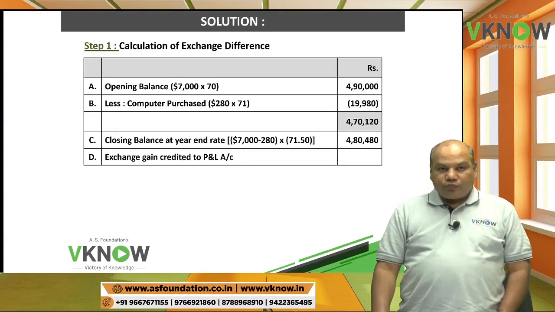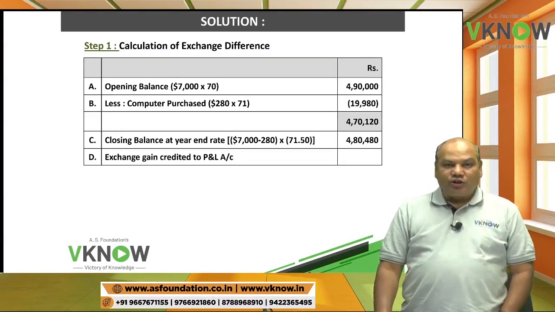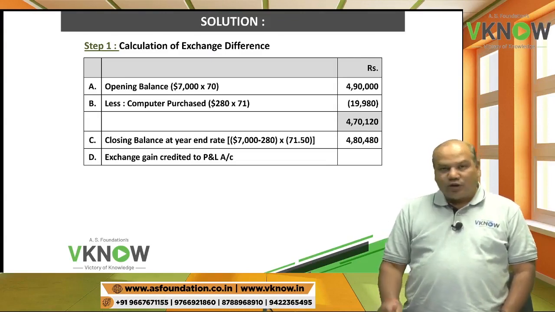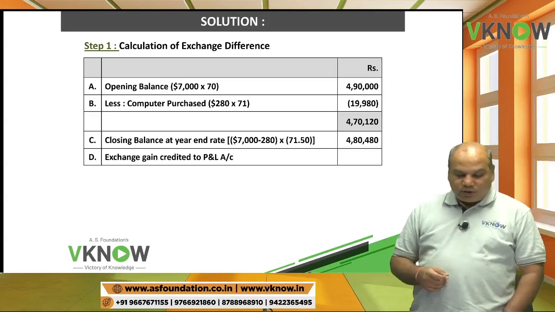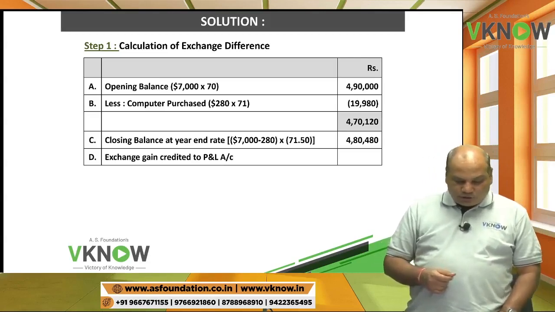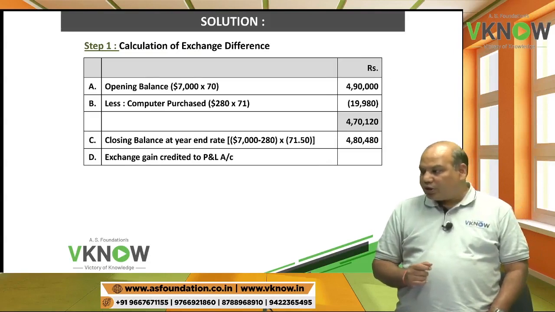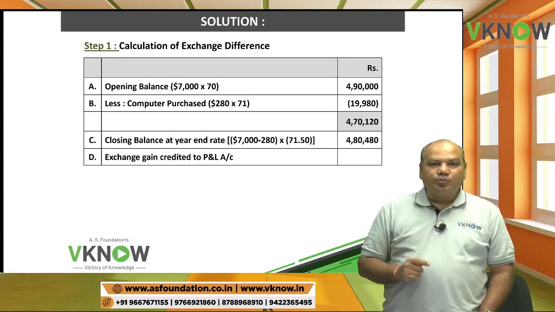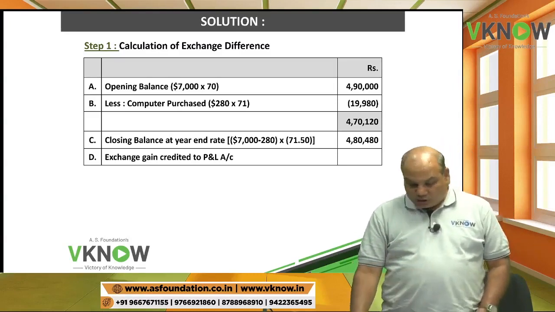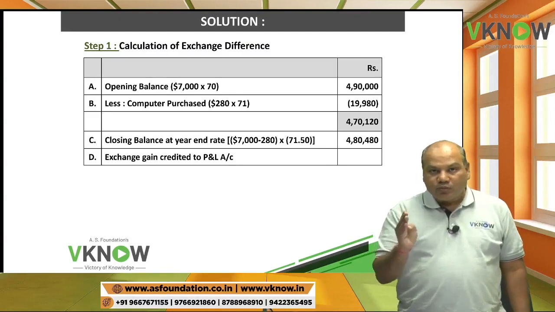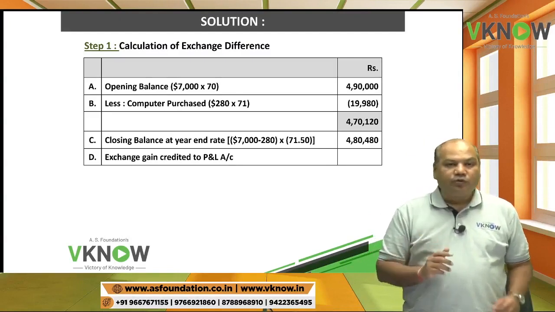Therefore, the difference will be exchange gain, which will be credited to P&L account. So write down, therefore exchange gain credited to P&L account. The difference is how much? Take the difference, 470,120 minus 4,80,480.